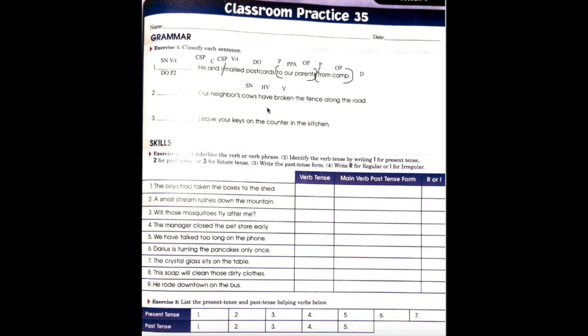Cows have broken what? Cows have broken the fence. Fence, of course, is a noun. It's part of the predicate. It's being broken. It's a direct object. So let's go back and turn this into a verb transitive.